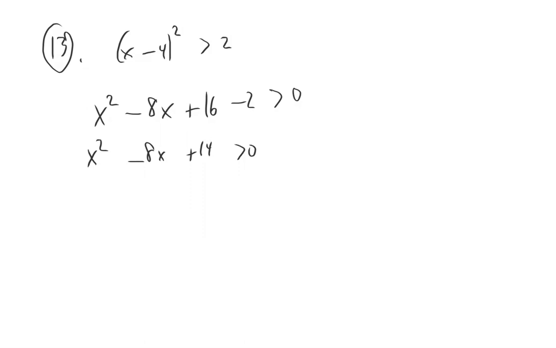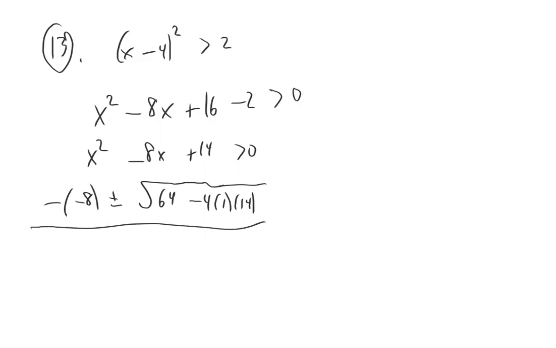Then you can use the quadratic formula: negative b plus or minus the square root of b squared minus 4ac, all over 2a. So we'll get 8 plus or minus the square root of 64 minus 4 times 14, over 2.